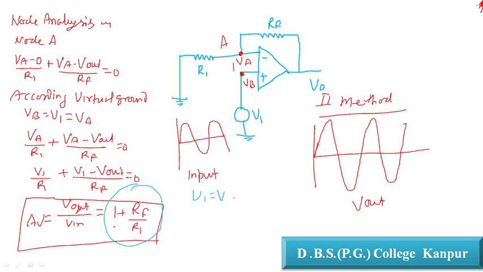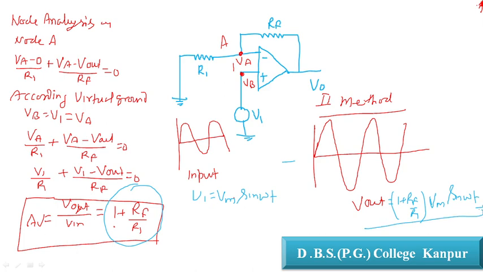If we consider that V1 is equal to Vm sin omega t, you are getting the output 1 plus Rf upon R1 into Vm sin omega t.